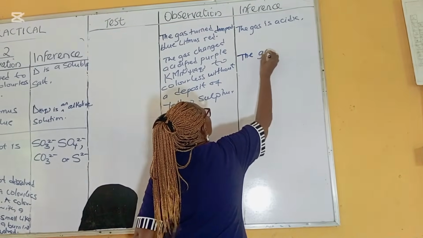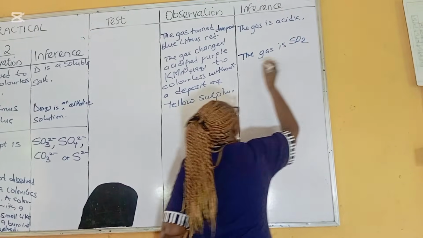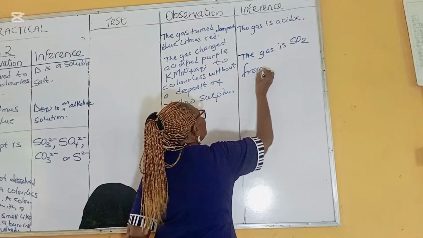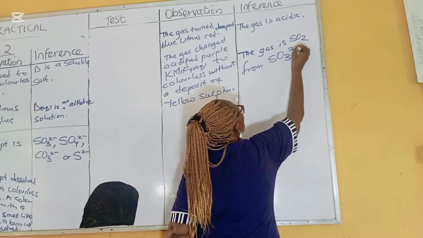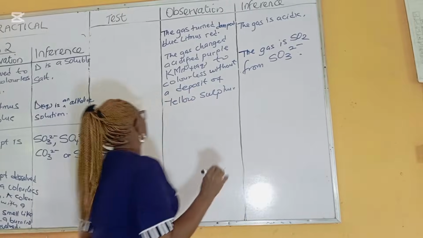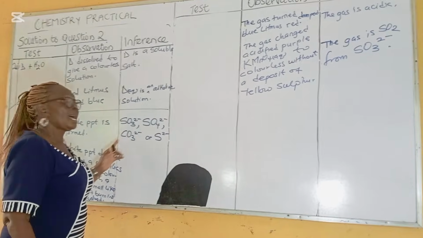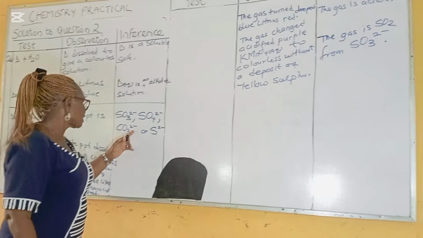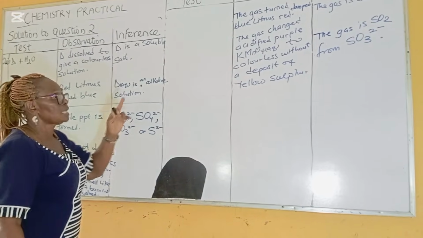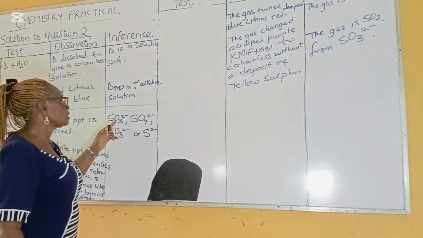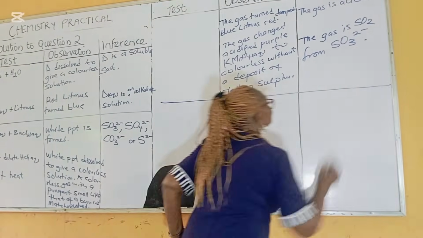You say the gas is SO2 from SO3 2 minus, meaning that it's not SO4 2 minus, and it's not CO3 2 minus, and it's not sulfide ion. The anion present is SO3 2 minus. That is it. You underline.